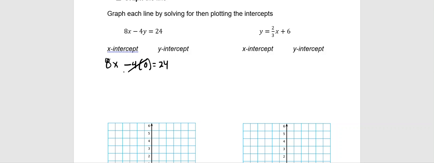This is going to naturally cancel out because anything times 0 is 0. So now I get 8x equals 24. And to solve for x, I just simply divide by 8 and I get x equals 3.